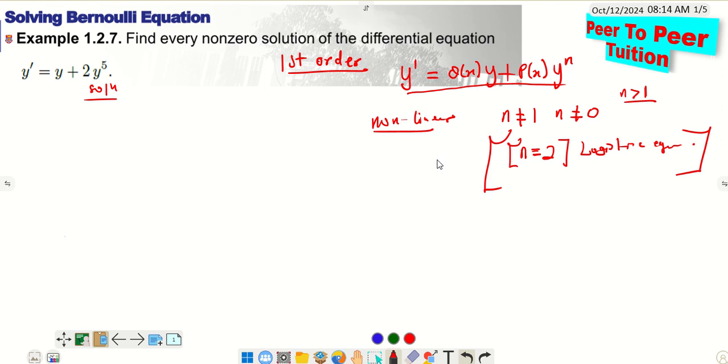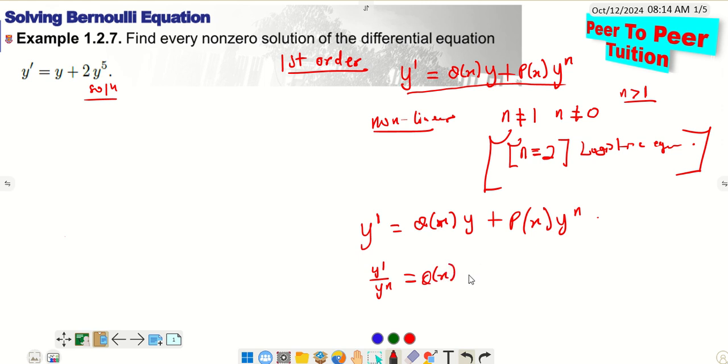Alright, so it means that anytime I have the Bernoulli equation y prime is equal to q of x y plus p of x y to the n, if I divide through by y to the n, I'll get y prime over y to the n equal to q of x times 1 over y to the n minus 1, because this y will go down, and applying the laws of indices, it becomes y to the n minus 1, then plus p of x.